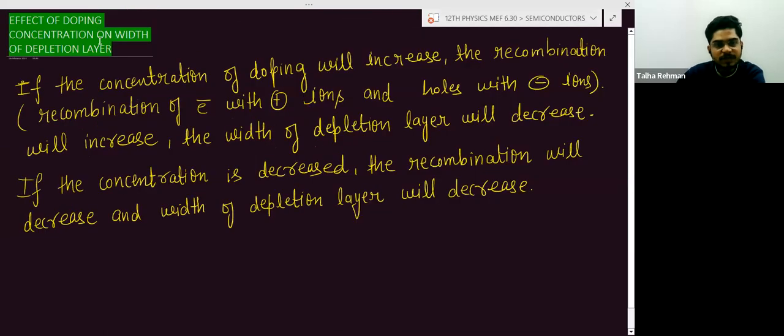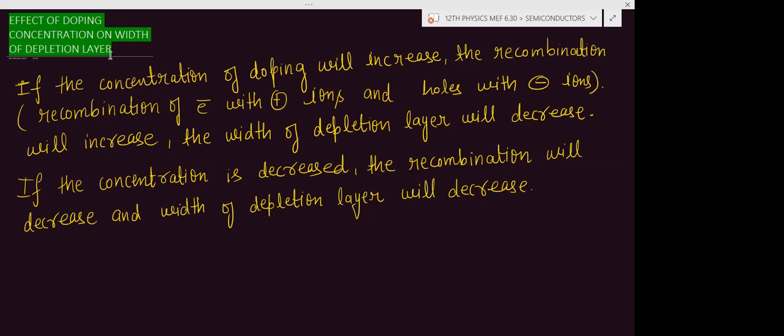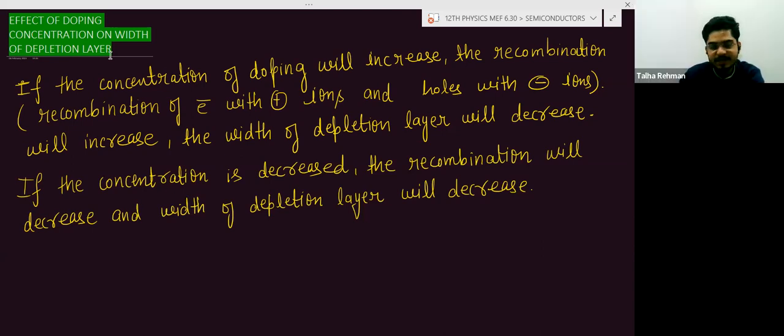Effect of doping concentration on the width of the depletion layer. So what will happen now? When you increase the doping concentration, there will be more majority charge carriers. Due to diffusion and drift, there will be more recombination of the ions and the charge carriers, and the width of the depletion layer will increase.